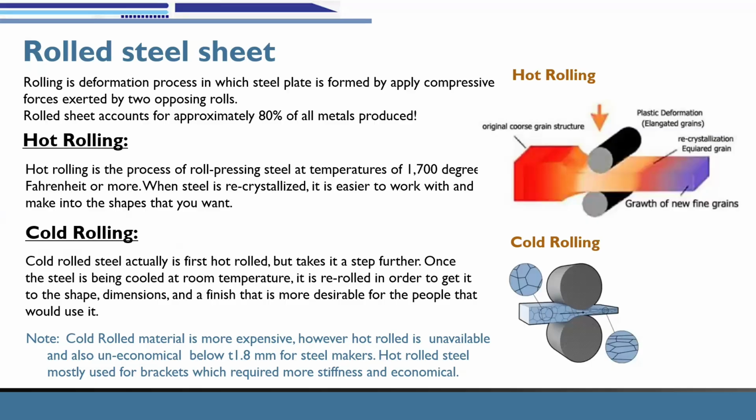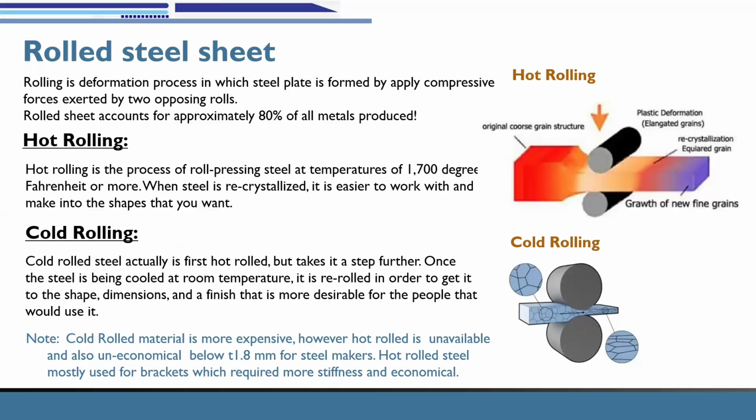In cold rolled sheet, the major advantage is that we can have tight dimensions. The tolerance value we can keep very stringent, even 0.05 mm thickness deviation. For example, the steel sheet can be 0.6, 0.65, 0.7, 0.75.